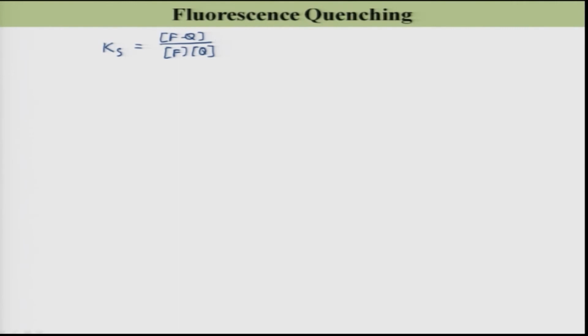That means, in this case the value of K S should be a little higher. If the value of K S is too small, that means the complex is not that stable, which is not so convincing to the people.